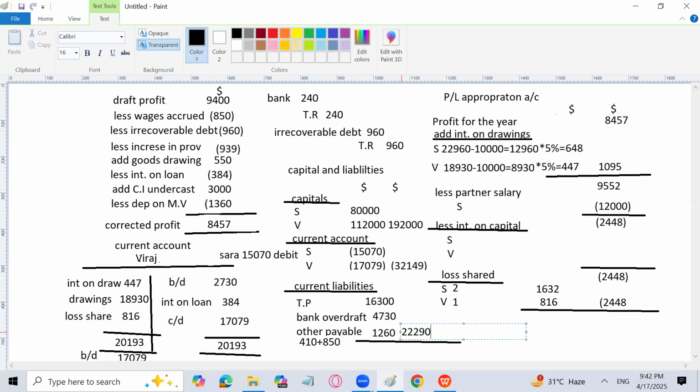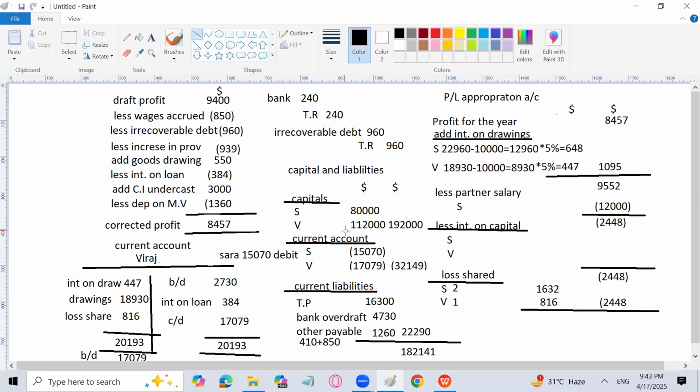So that is going to be, I think, 182,141. That is going to be the total liabilities, because there is no non-current liability. Otherwise I would have written the non-current liability also, but none is given in the question. So the total liabilities are 182,141. Is that right? Yes, sir.